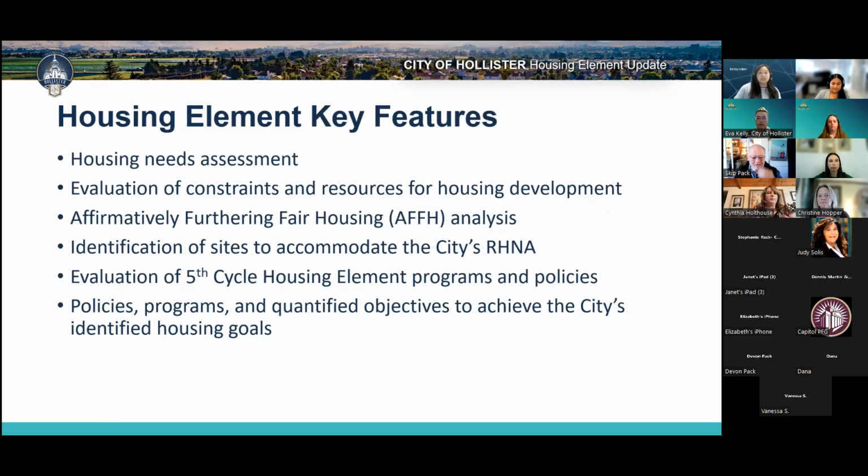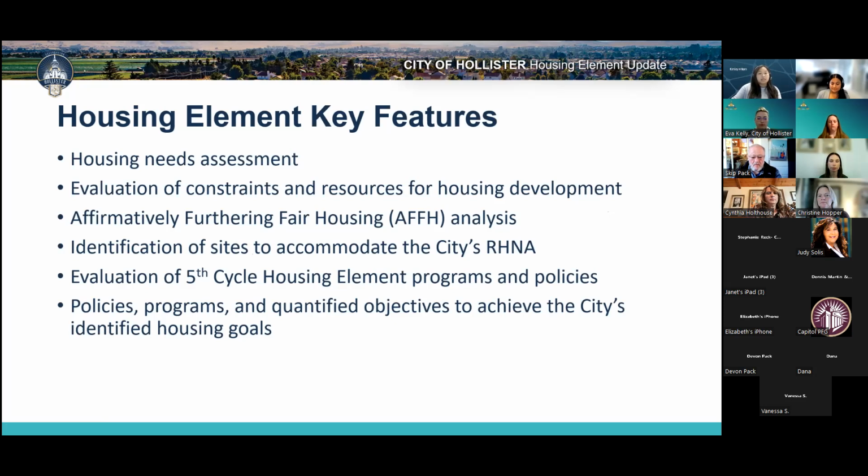So the key features listed on the screen are required components of the housing element. The document will start with the population and housing profile, aka the housing needs assessment, which identifies potential housing needs in the community. The housing element also includes an evaluation of possible constraints and resources for housing development.